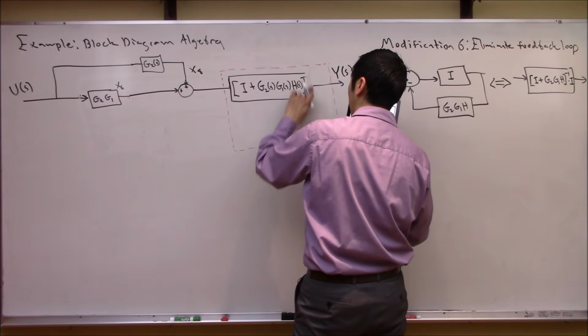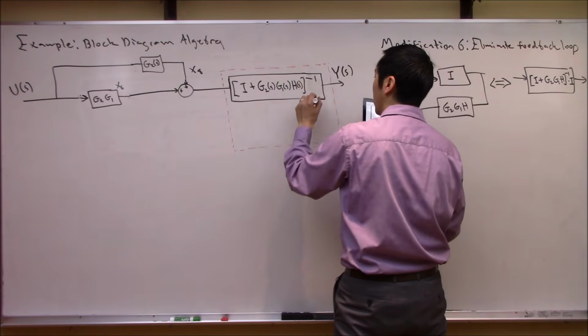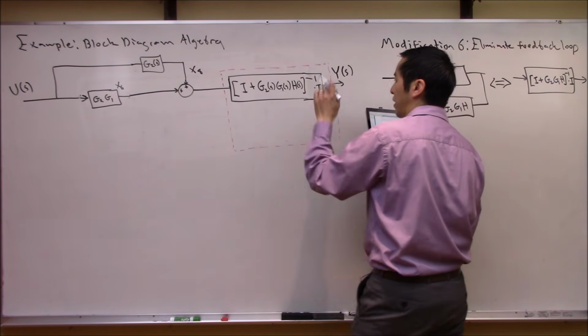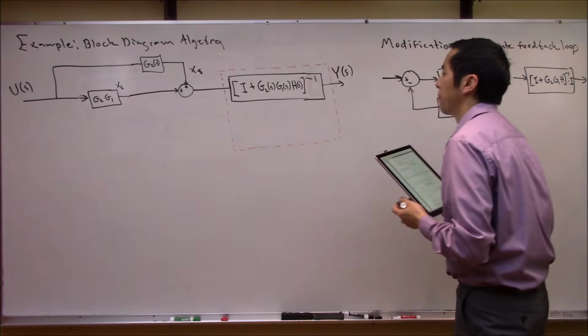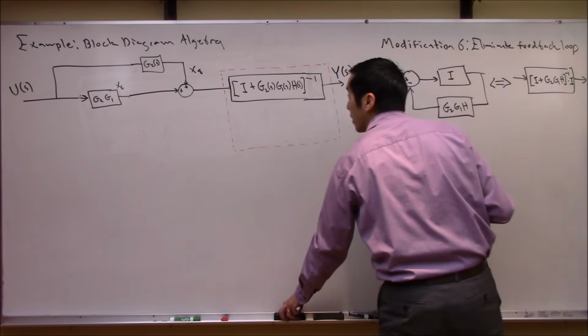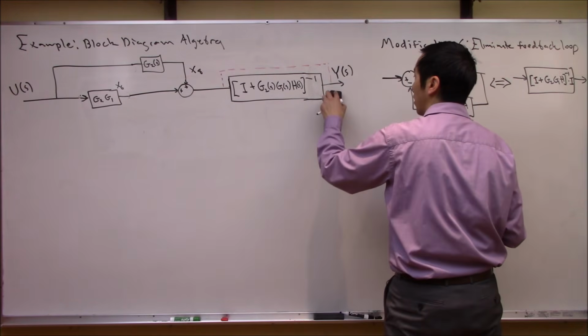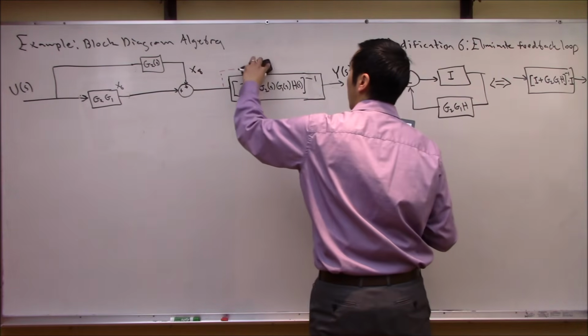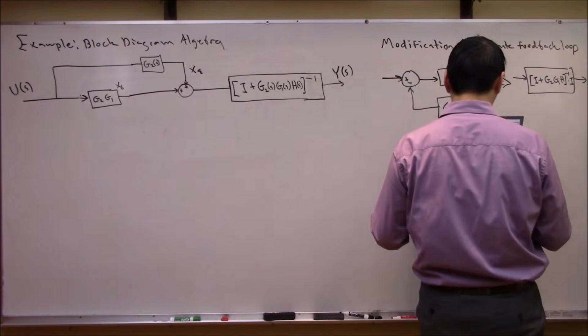Let me get a little bit more room so we can draw this thing cleanly. Inverse times the identity matrix, or I guess you can really just get rid of this identity if you want. Great. We're almost done here, so I'll get rid of this. Okay, all right, almost there.